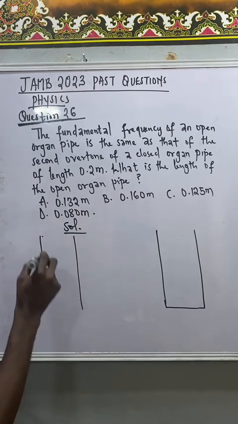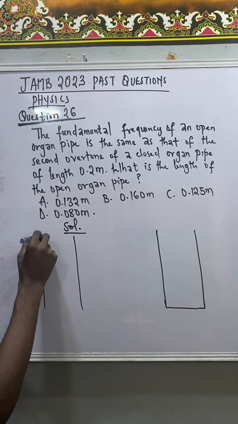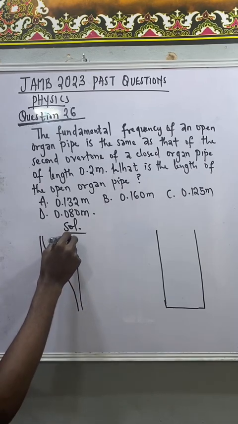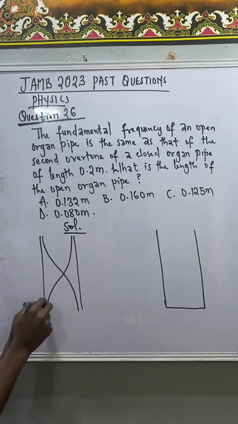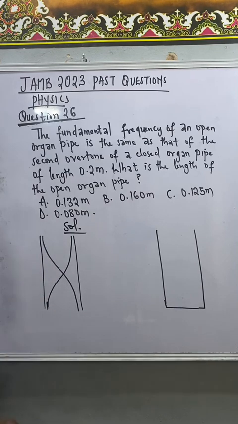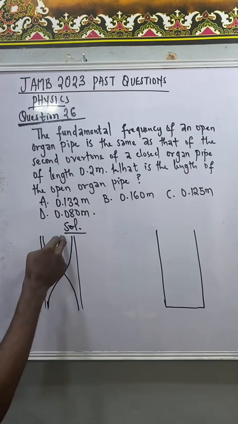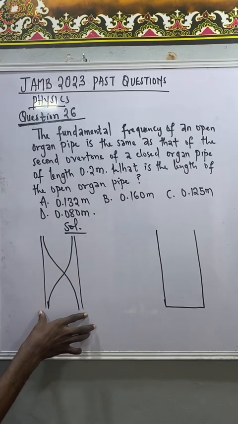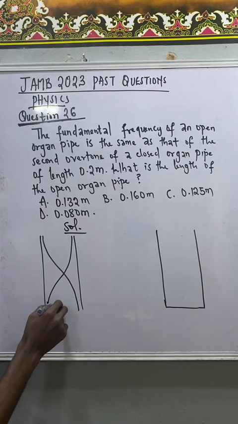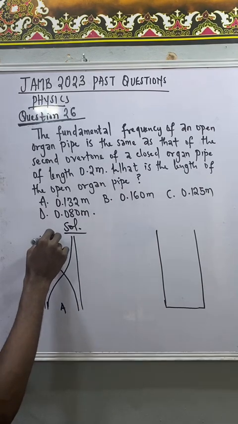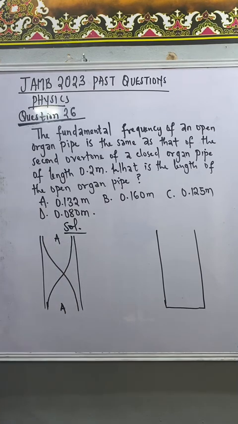Now, for the open pipe, the simplest form of wave that we can obtain goes in this manner. This end is the open end, the point where we have the maximum disturbance, and it is the antinode. Here we also have another antinode.